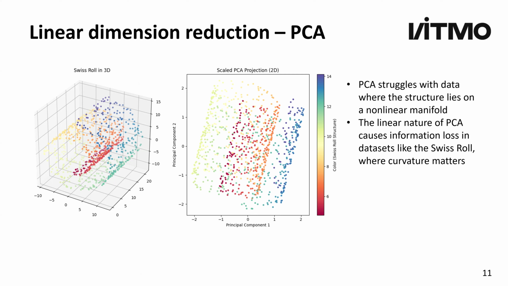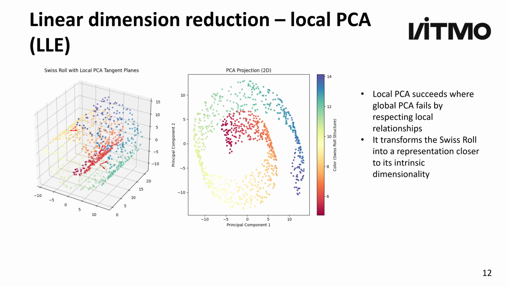How could we find a way out and still use singular value decomposition or principal component analysis in terms of machine learning? Yeah, we just use the notion of locality. So we don't take all points on the manifold.